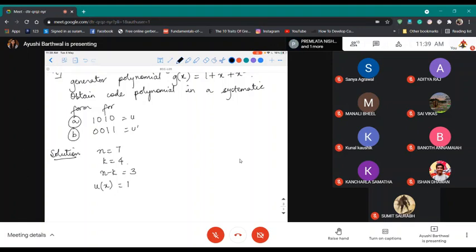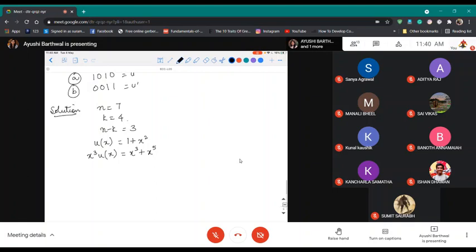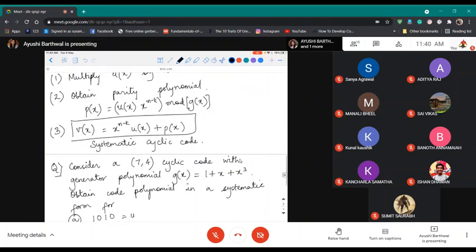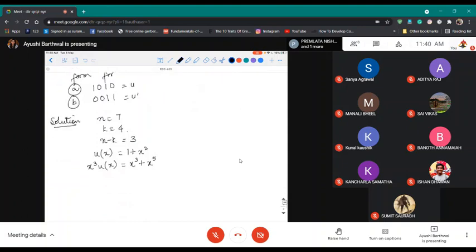It will be written as 1 plus 0 into x plus 1 into x square plus 0 into x cube, so 1 plus x square. Multiplying by x cube gives x cube plus x5. Now you have to divide this to obtain the parity polynomial.